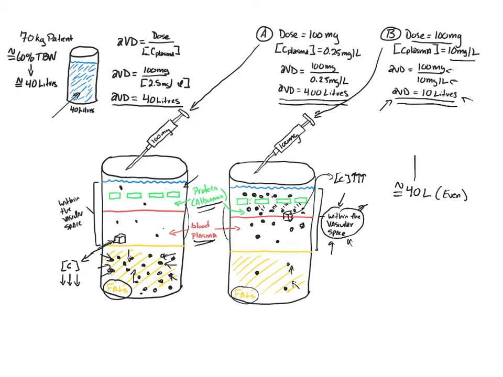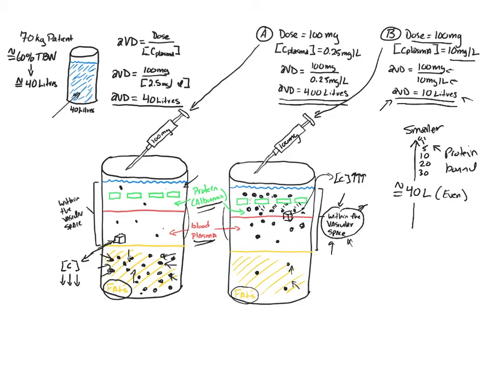And then the smaller I get up here, so 40, 30, 20, 10, 5, 1, 0.1, and so on, the more protein bound it becomes, as the concentration that we measure increases.